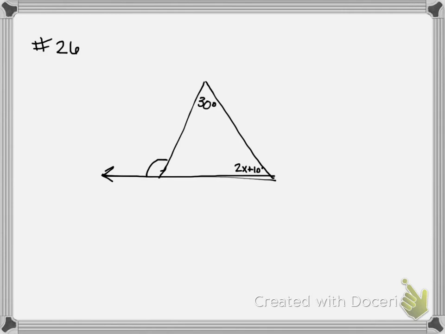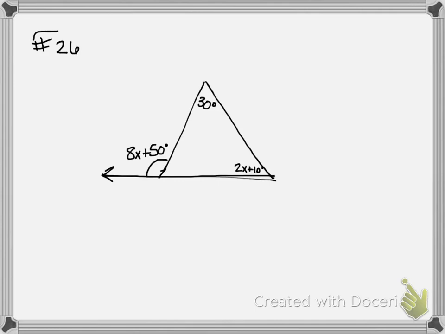And this outside angle, let's just say, is 8x plus 50 degrees. Okay, and what we're asked to do is solve for x.